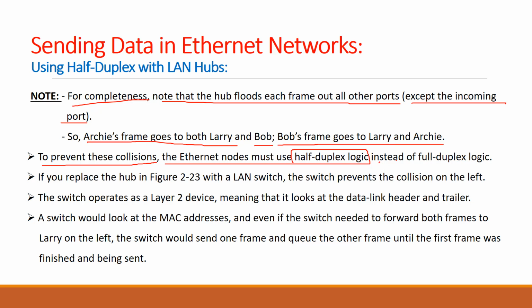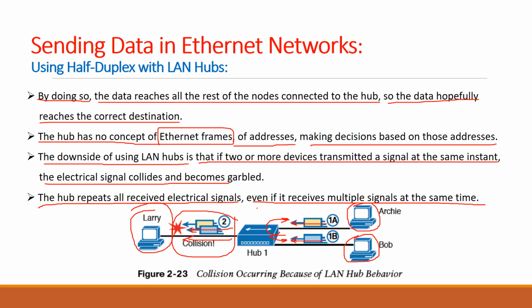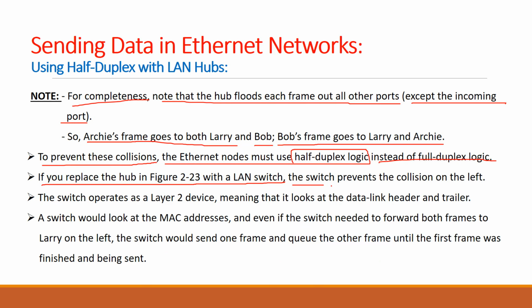at a time instead of full duplex logic. So if you replace the hub in figure 2-23 with the LAN switch, the previous figure, you will replace this device with a switch. The switch prevents the collision on the left. Why?